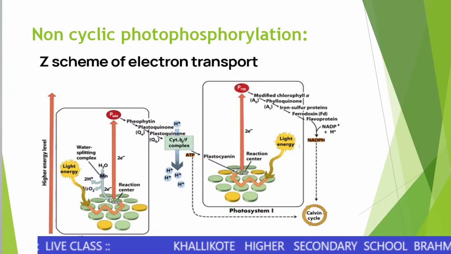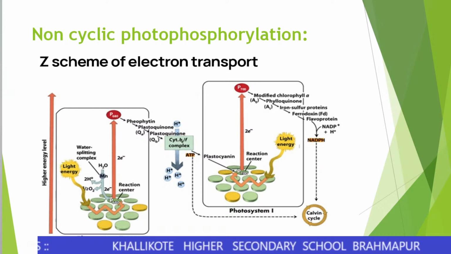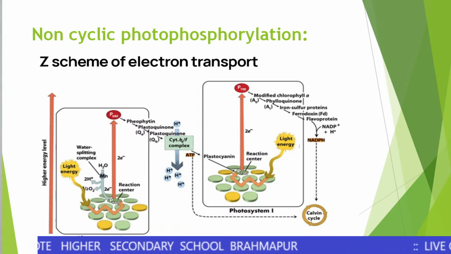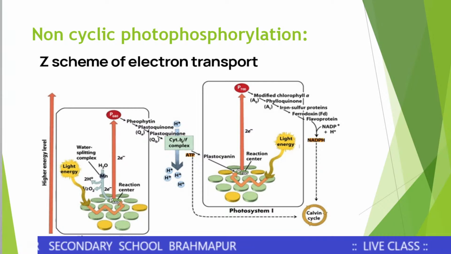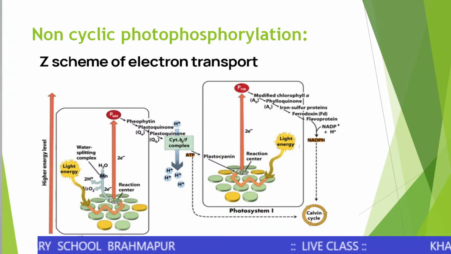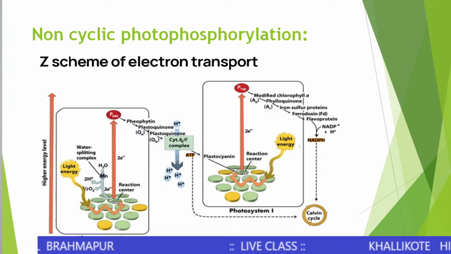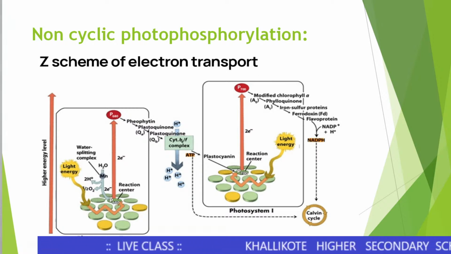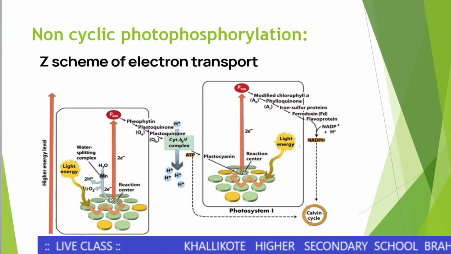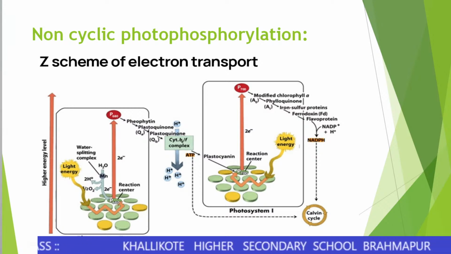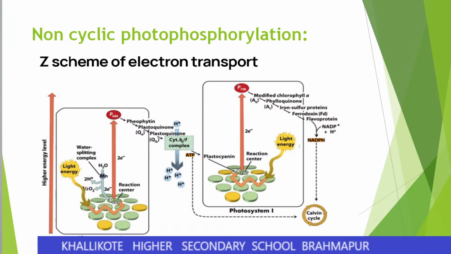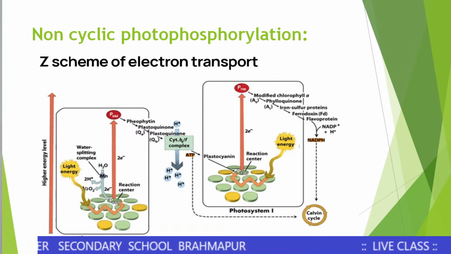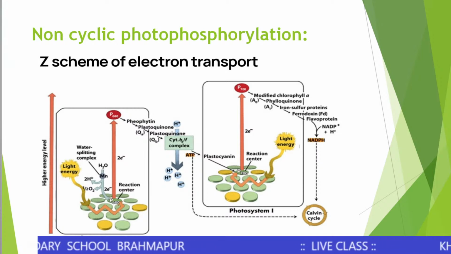The end products of the non-cyclic photophosphorylation phase are: the synthesis of one ATP molecule when there is movement of electron from cytochrome B to cytochrome F complex; the liberation of oxygen by the splitting of water; and the synthesis of the NADPH molecule, which will later move to the Calvin cycle.